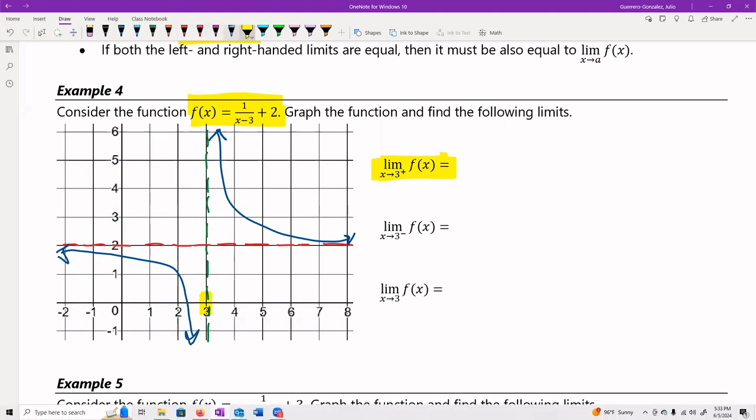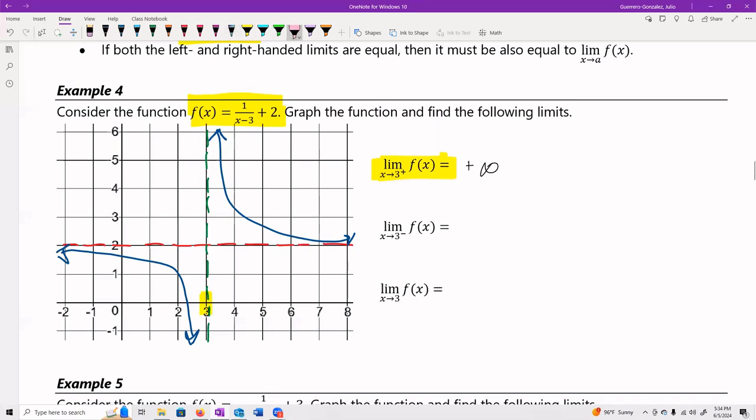So I am going to use the green highlighter. As I start going that way, I'm approaching 3. My y values are increasing without bound, right? So that means that this limit is going to be positive infinity, okay?